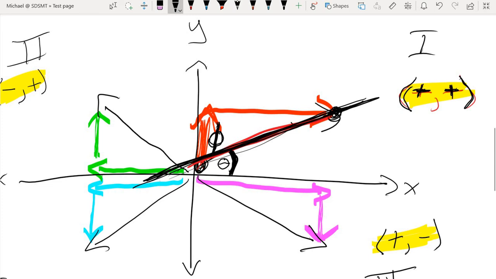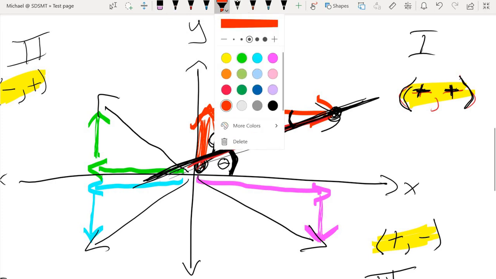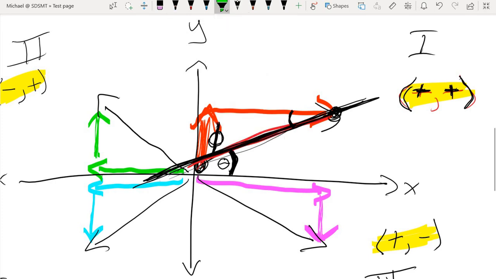The angle on the other side of that vector is being measured with respect to a horizontal component that is lying on the x-axis, just like angle theta is being measured along the x-axis.